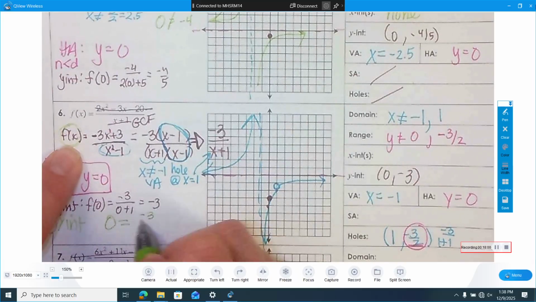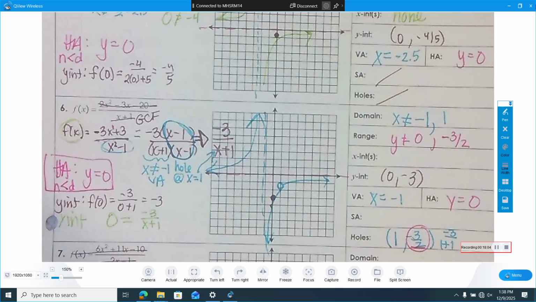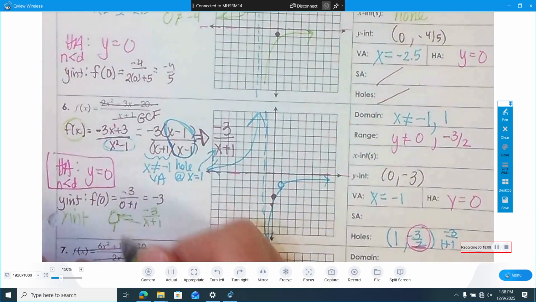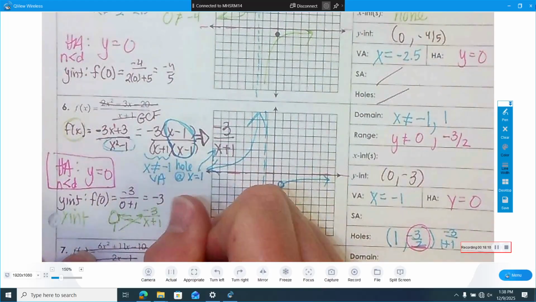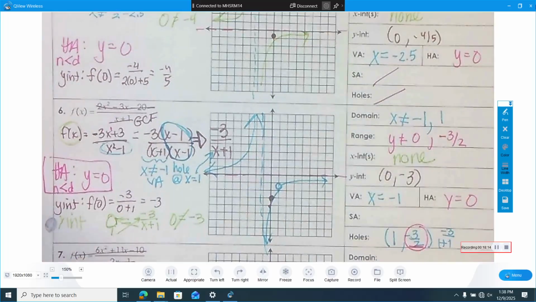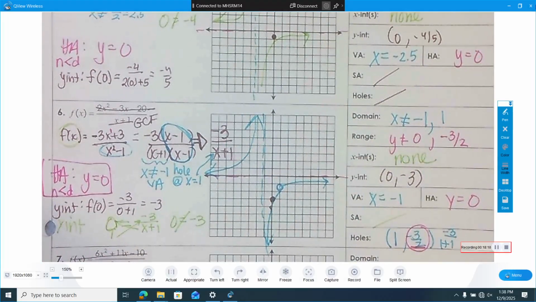Negative 3 over x plus 1. We can put it over 1, and we can cross multiply. Does 0 equal negative 3? No, so there is no x-intercept. There's no slant asymptote. Okay. Questions so far?